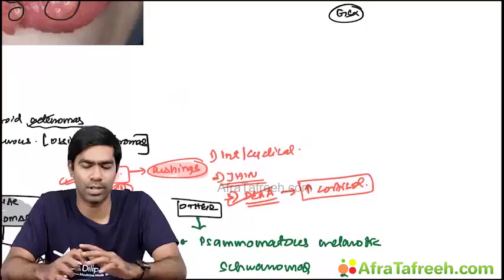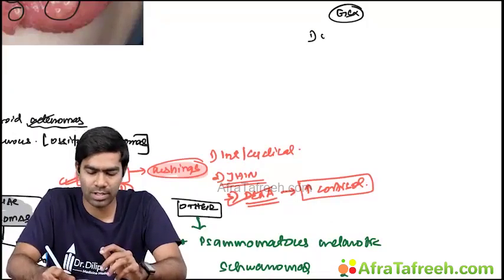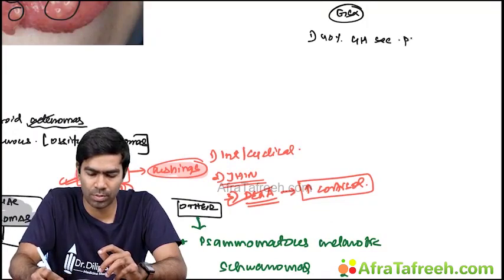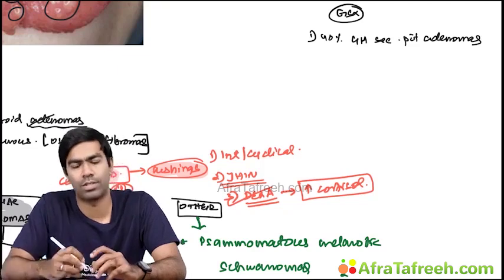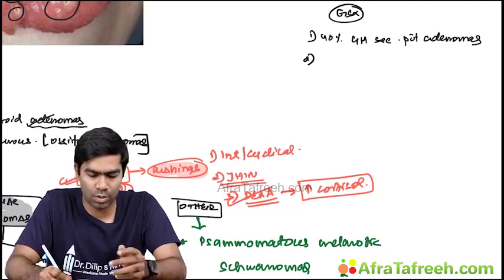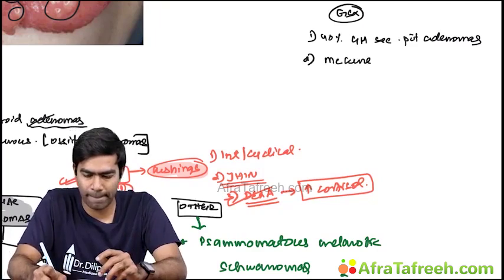This is the G protein, the GS subtype, GS alpha protein mutation. Where will you get it? Number 1 we already discussed, let us start from that. That is 40% of the growth hormone secreting pituitary adenomas, that is somatotroph adenomas, tend to have this GS alpha mutation. Second, just now we saw McCune-Albright syndrome.